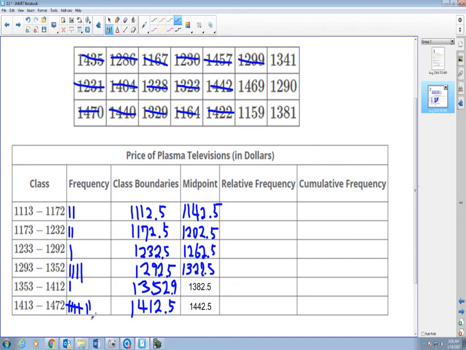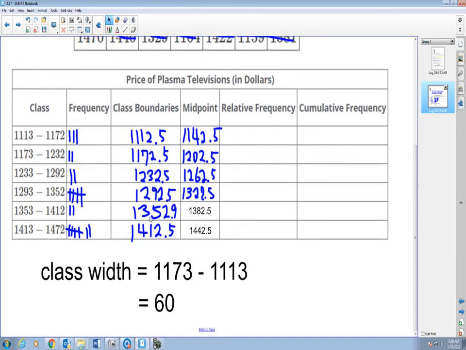1469. 1159. 1341, that class right here. 1290, that class. 1381, that class right there. Alright, so that's all the data.